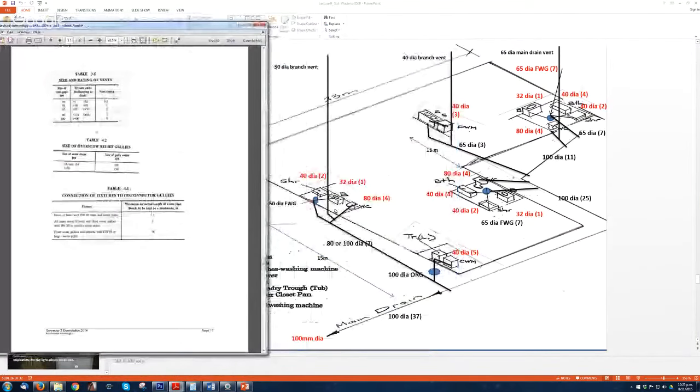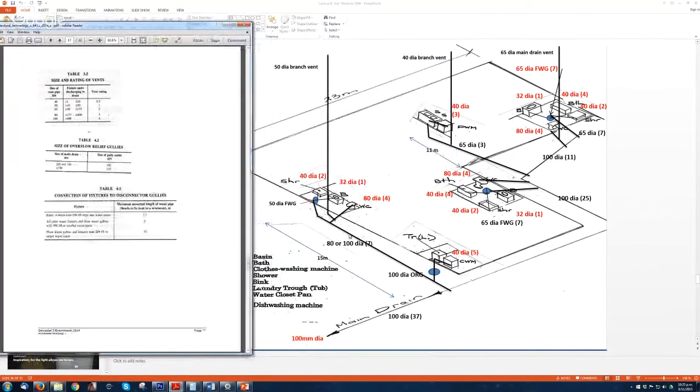But for this one, it's only 7, but he decided to go with 50. But still okay. They're both good. If you make it bigger, it's safer. It just costs more money. But for the exam, you don't really care. To be safe, you put 50 for the small one, 65 for the main one, and use 50 for the other ones.